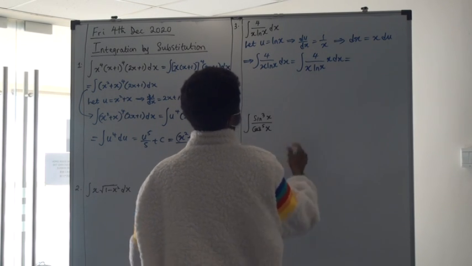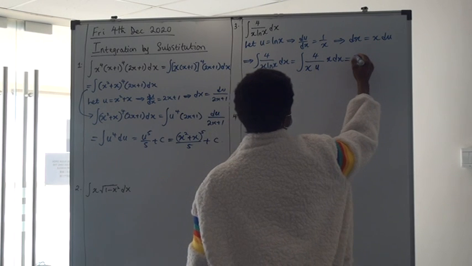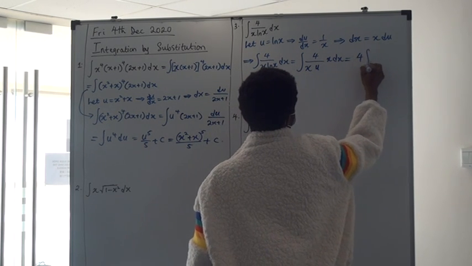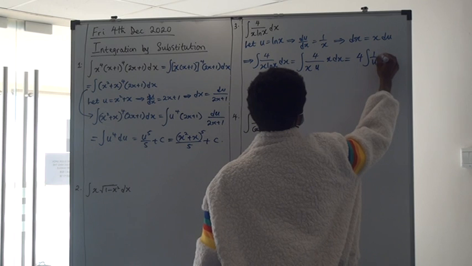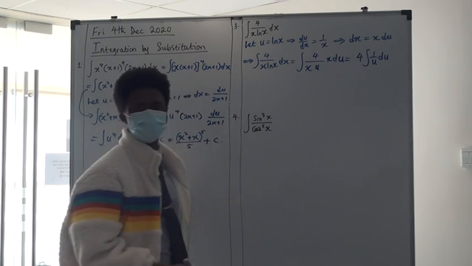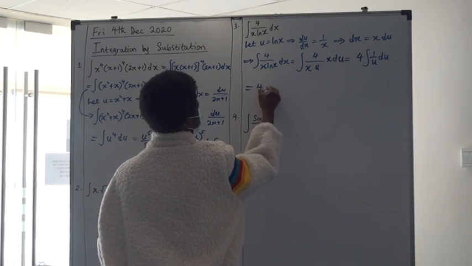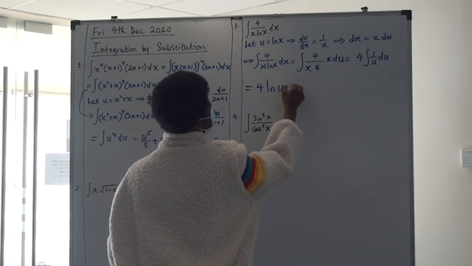So, oh, this is u, right? So x cancels. What do we have now? 4 integral 1 over u du. This should be x du, sorry. Right? So, this is easy. So that is 4 with the natural log of u plus c.